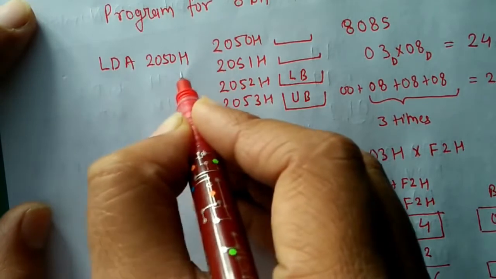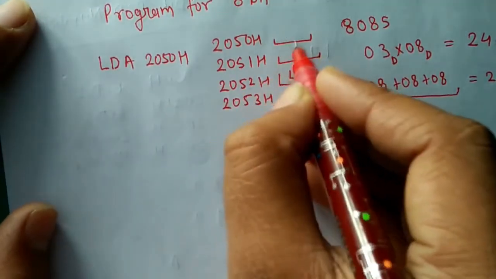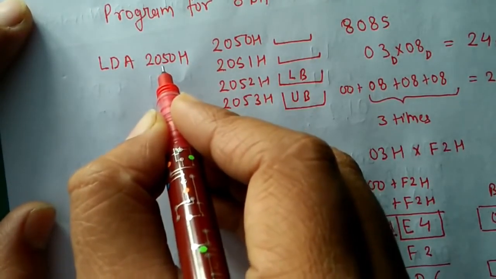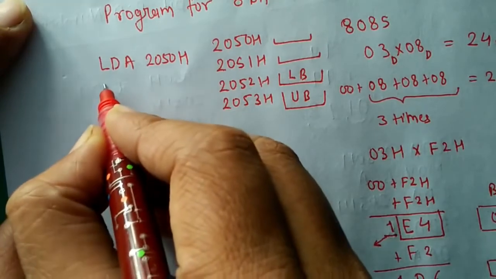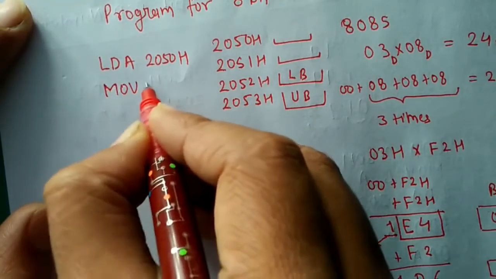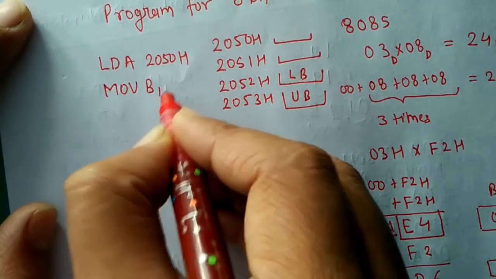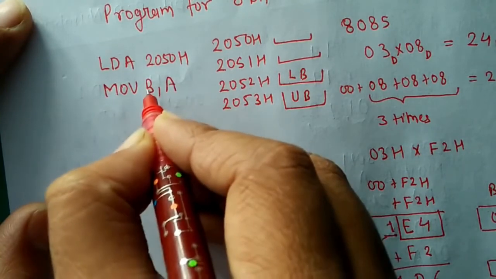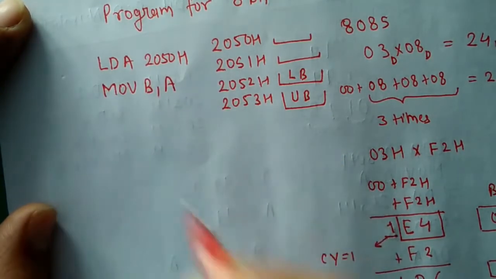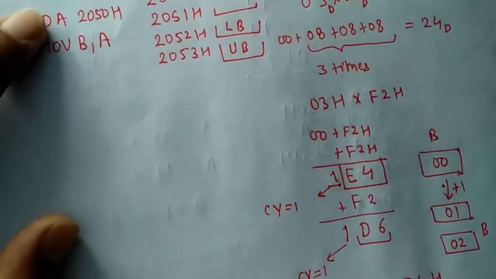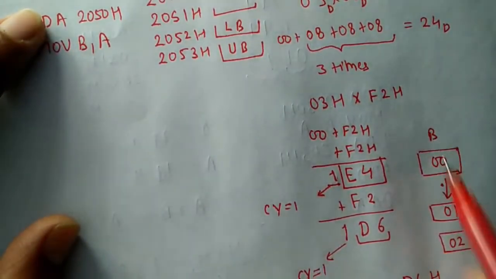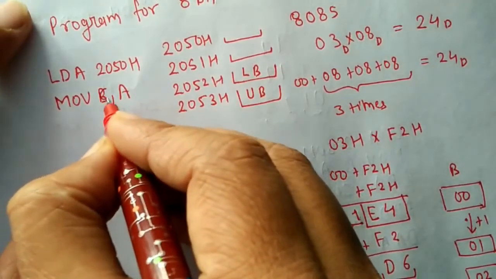By writing this, our first number that is present at 2050h will come into the accumulator, and we are going to store that number in some register, assume register B here. Well, in our example we have used register B to store the carry, that's why I am going to change this to C.